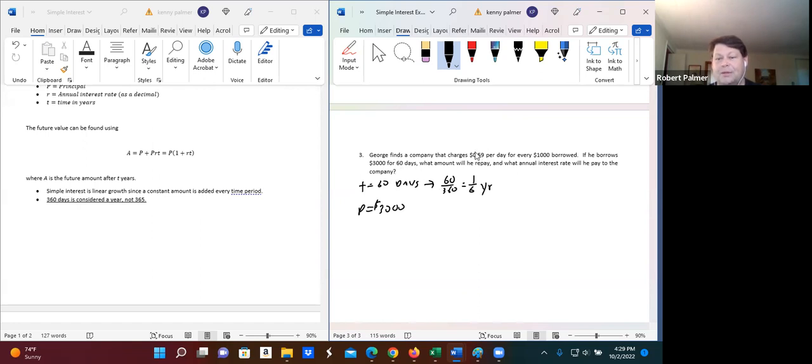Then the interest: it charges 59 cents per day for every $1,000 borrowed. So let's think about that. We can actually go ahead and calculate the interest he's going to pay. That's going to be 59 cents for every 1,000 borrowed. So he borrows $3,000.